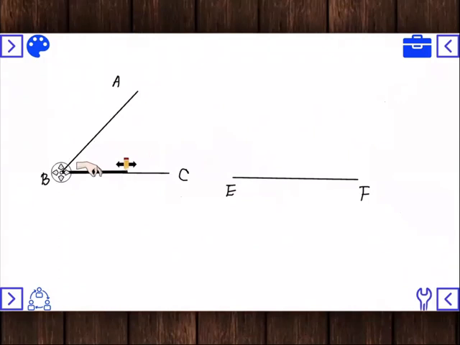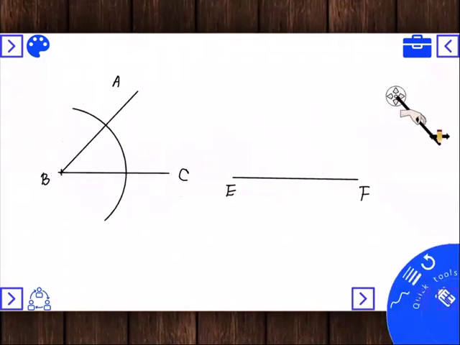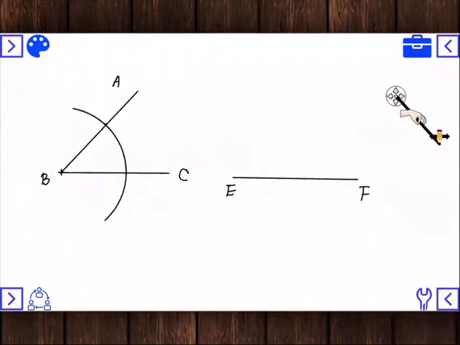With the center at B, so now the compass is centered at B, right? And now we'll draw an arc cutting AB at X and BC at Y. Right, that's the first step. Step two, draw a line segment EF. We did that already, so let's just skip that.